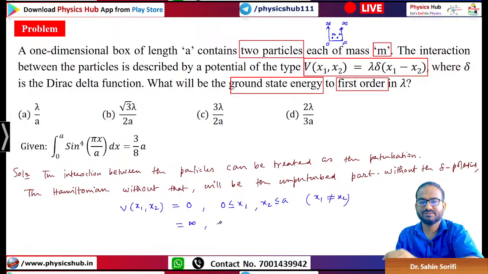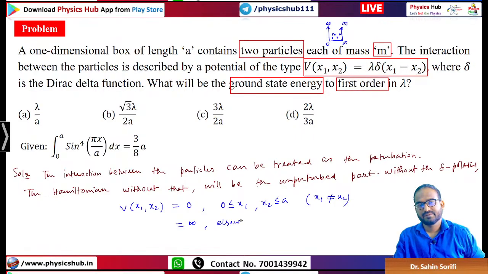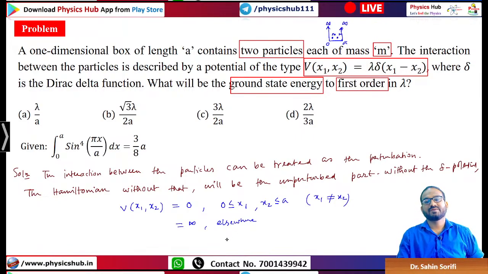Why x1, x2? x1 for one particle, x2 for the other particle, two particles are there, right? So the unperturbed Hamiltonian will be H0.